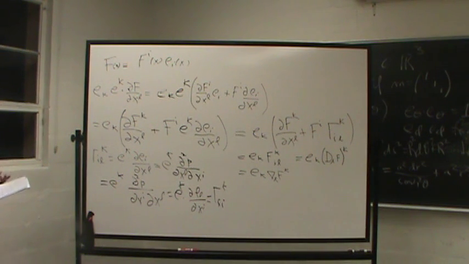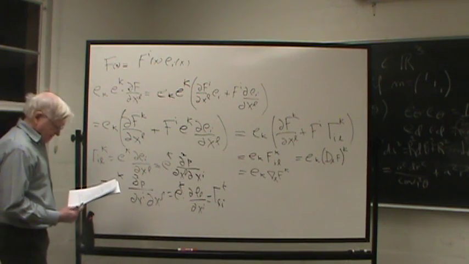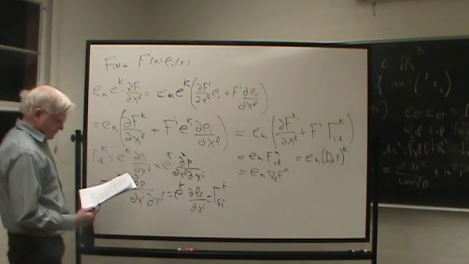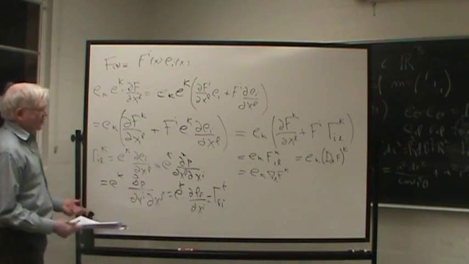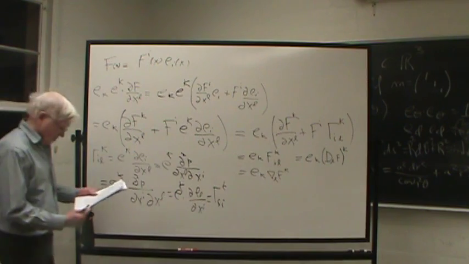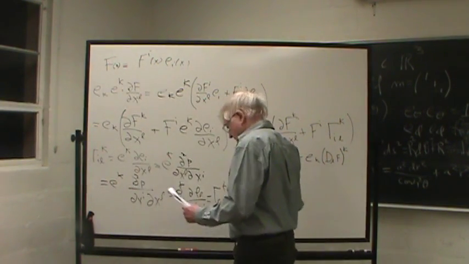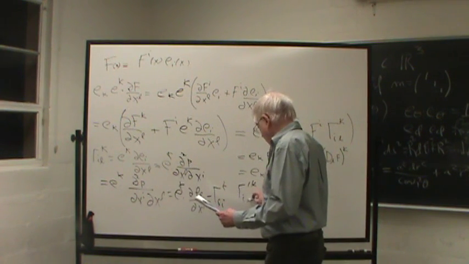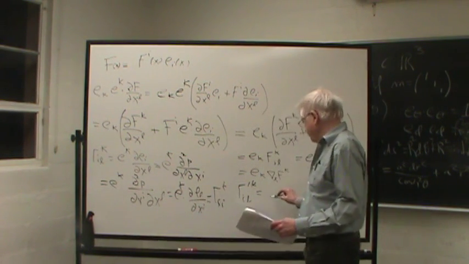And when it transforms, you get an inhomogeneous piece, the reason being that tensors transform homogeneously. This thing transforms in such a way that, let us put it this way, gamma prime k il is what you'd expect.